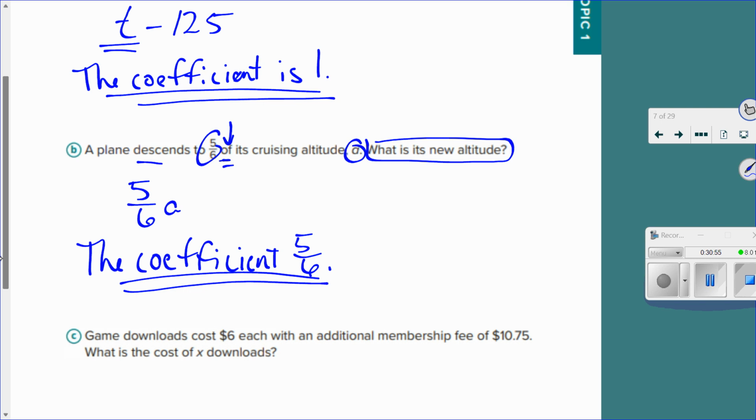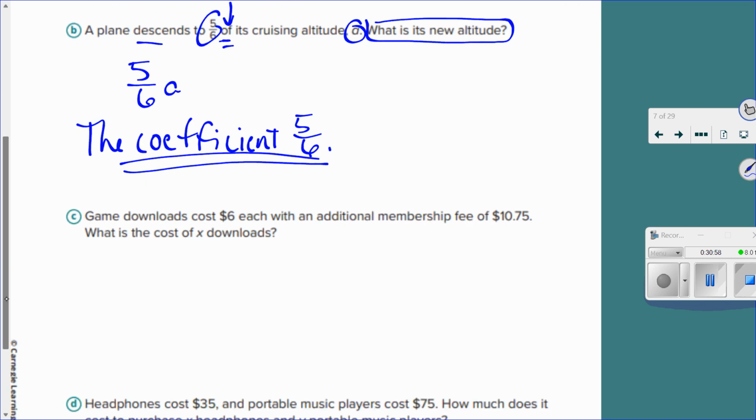Game downloads cost $6 each with an additional membership fee of $10.75. What is the cost of X downloads? So this one gets a little more complex. What is being done every time? How much is that? 6. But if that's my only cost? No. What other costs do I have? Do I pay that every time I download?